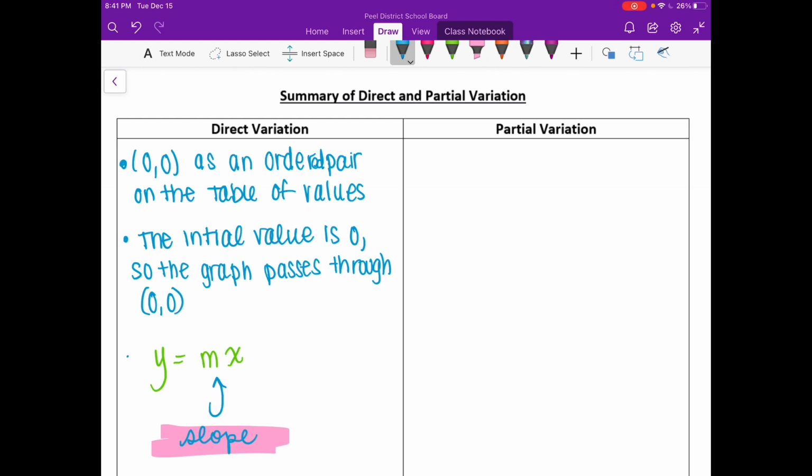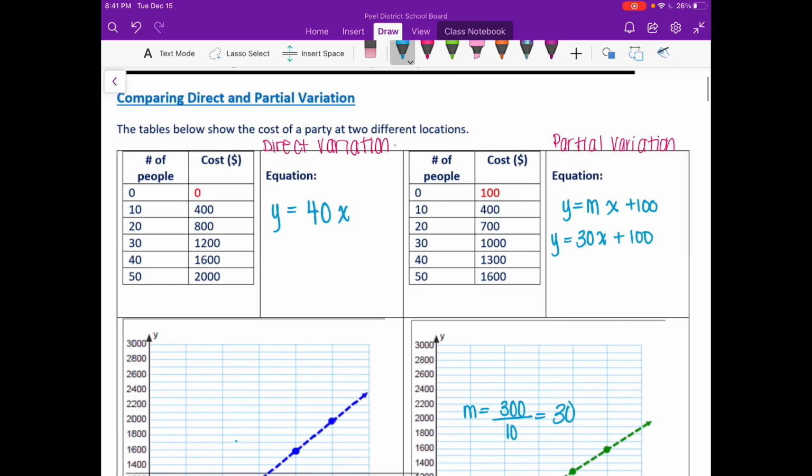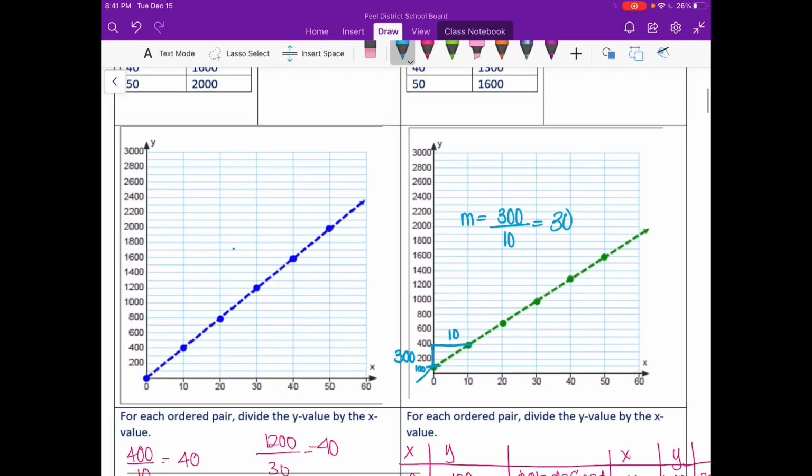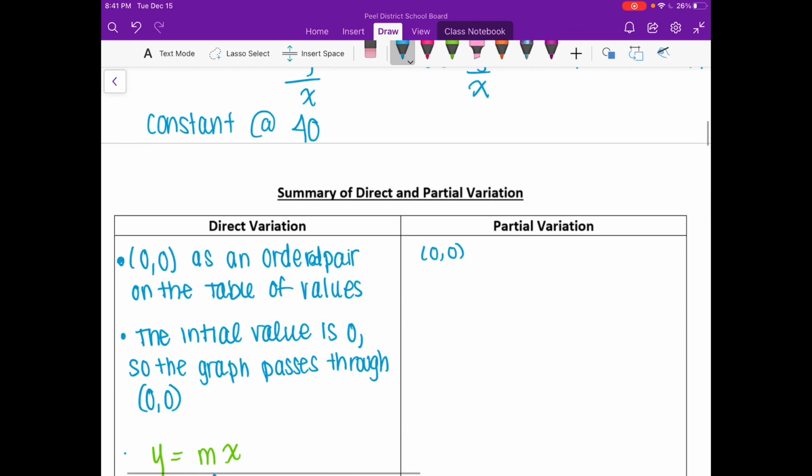Partial variation, on the other hand, 0, 0 actually doesn't exist on that graph. If you look back here, there's no 0, 0 value. If this were to keep going, you would never cross the origin. So 0, 0 is not an ordered pair.